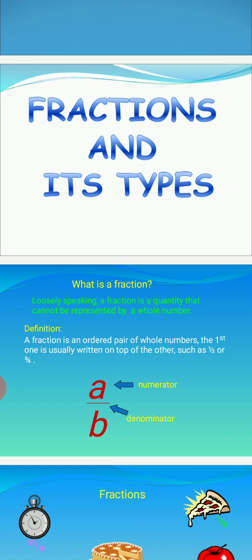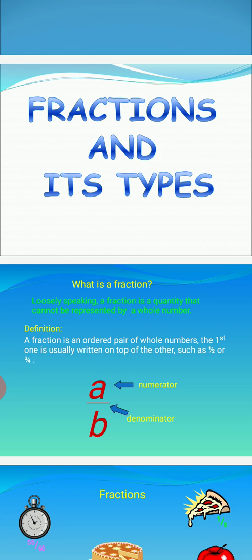The first one is usually written on the top of the other, such as half, 3 by 4, 5 by 6, 9 by 8. These all are examples of fractions. And students, one thing more: the uppermost or top number is called the numerator and the bottom is called the denominator.